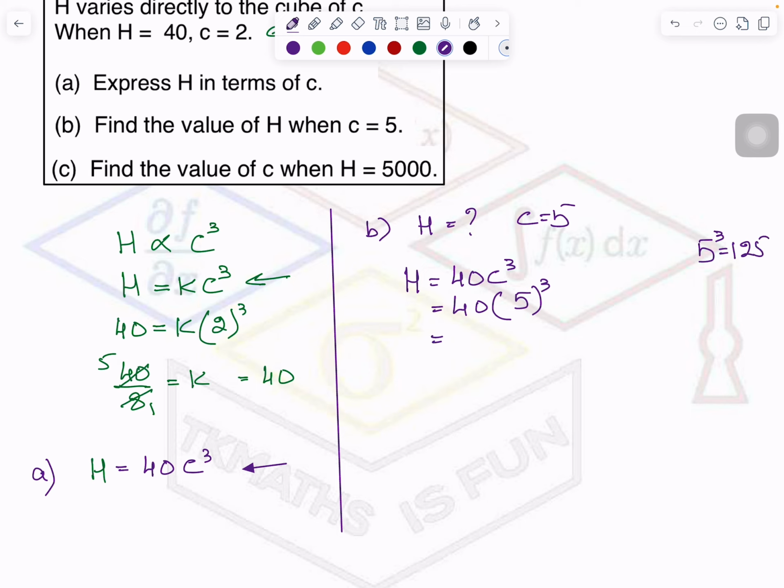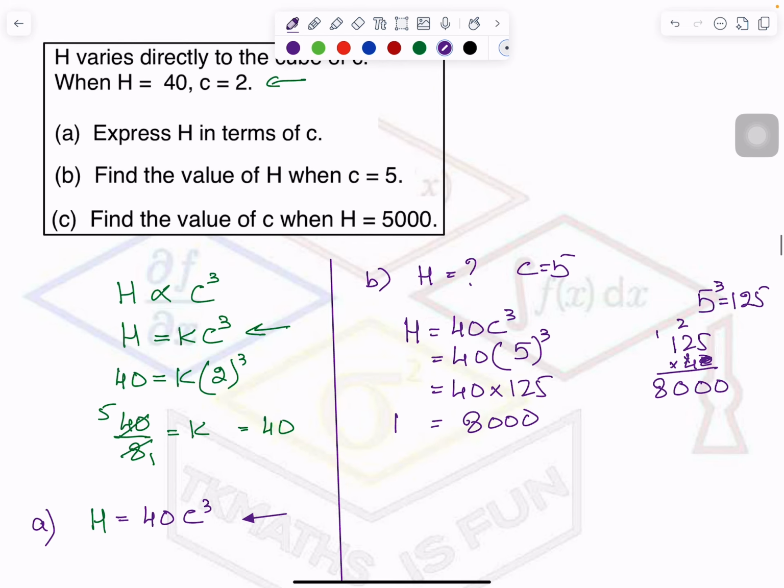So it is 40 times 125. And then you can easily multiply it like this to calculate the value. When we are multiplying by 40, we don't need to do it fully. We just multiply by 4 and add 0 at the end. So it is 4 fives are 20, 4 twos are 8, 9, 10, 8, and I will add one more 0. So it will become 8,000. Right, so H value will be 8,000 when C is 5.